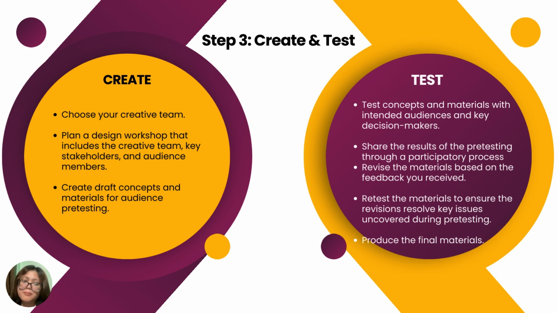This is the part where we reassess the materials to ensure that the revisions effectively address the identified issues. And of course, once we are done retesting the materials, we will finally produce the final materials for distribution.